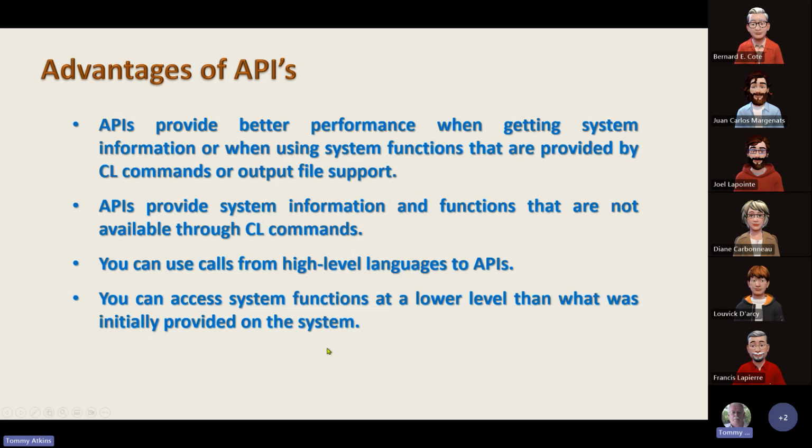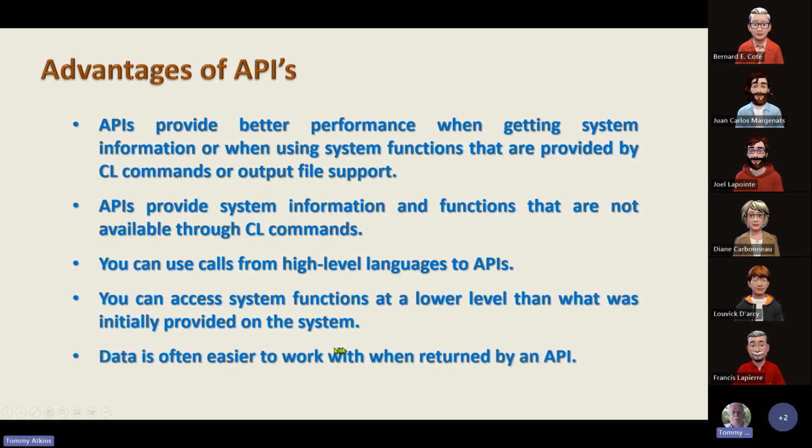And an interesting point: data is often easier to work with when returned by an API. That is a little bit of a difficult one, but it is easy once you've got the hang of it.